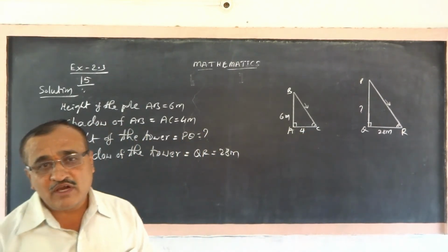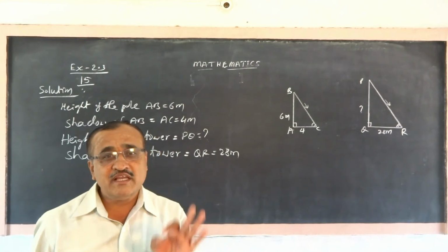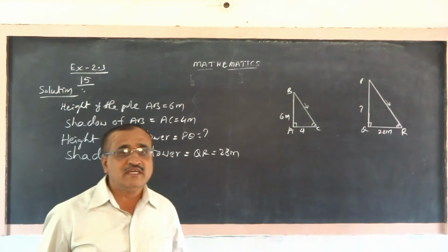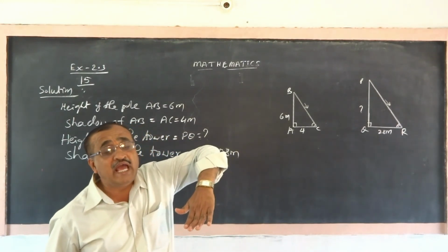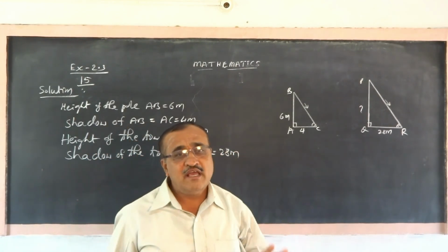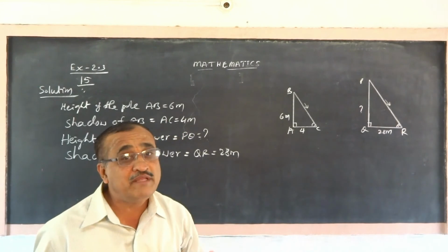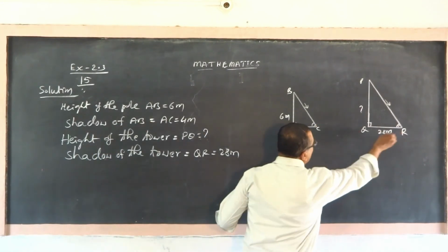The sun does not fall more on the rich or less on the poor; God blesses everyone the same way. The angle of inclination of the sun ray is always constant at a particular time. That should be important. In that way, angle C is equal to angle R.